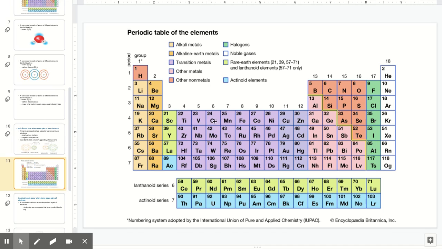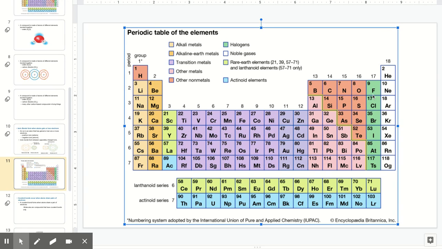These are metals, any elements on this side of this little staircase here. So these are all the metals. The elements on this side over here are nonmetals, including hydrogen.